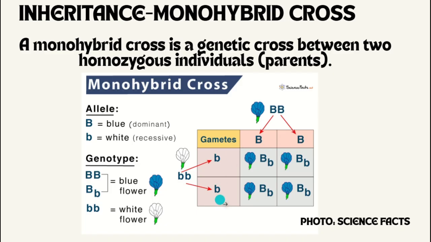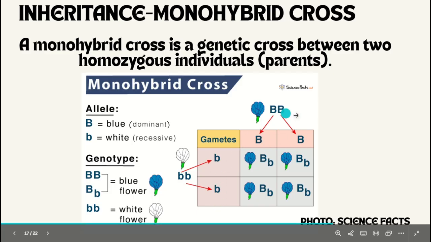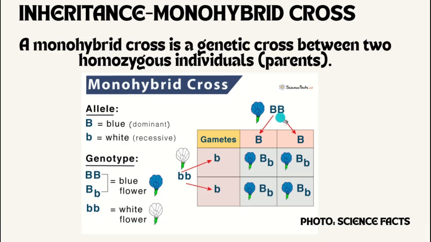So if you cross a homozygous dominant with a homozygous recessive, let's do a different example. Let's say we do flowers, my bad. So BB, the big B is blue, which is dominant, and the little b is white, which is recessive.